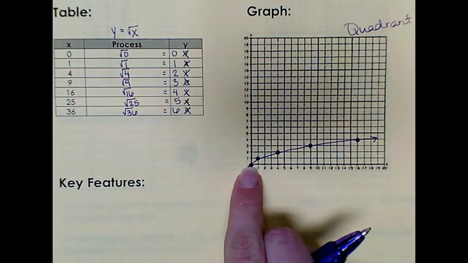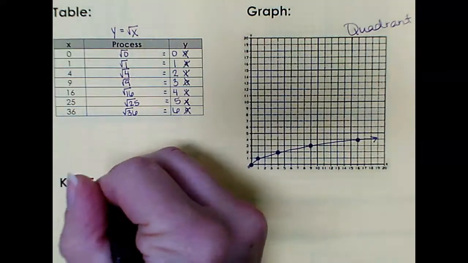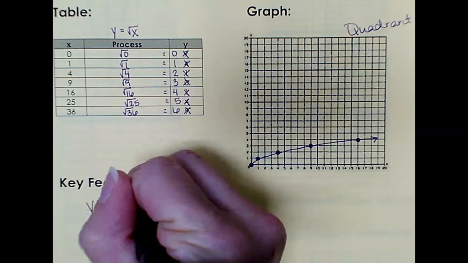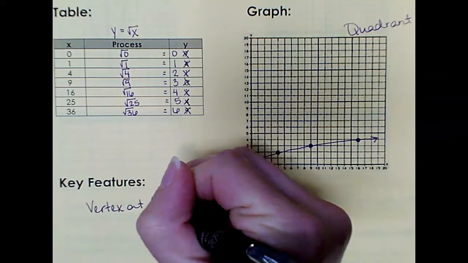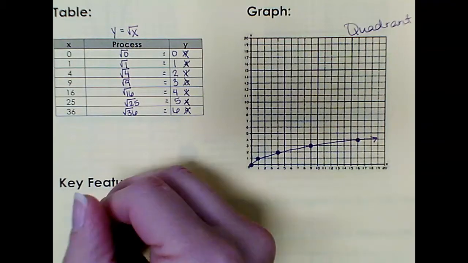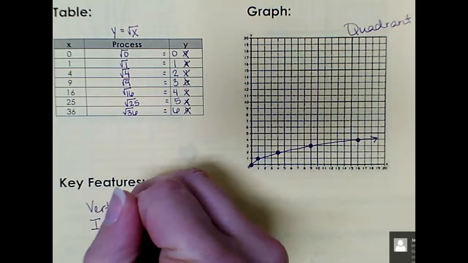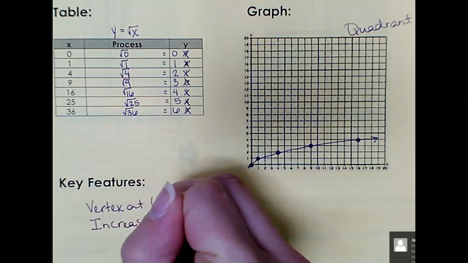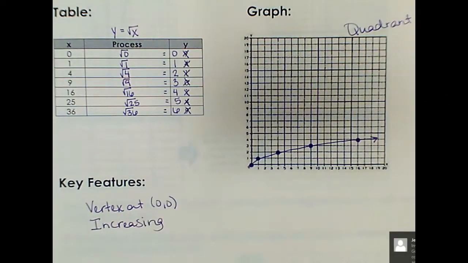Dare I call it the vertex? So a vertex at 0, 0. It's increasing. And it sort of resembles a what?